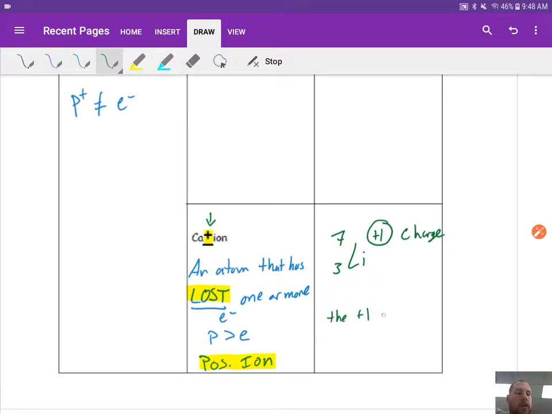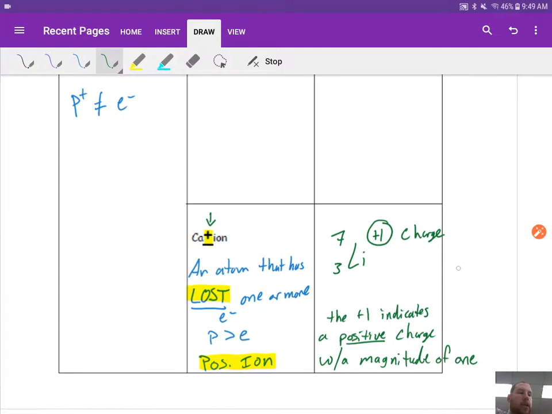The +1 indicates a positive charge with a magnitude of 1.